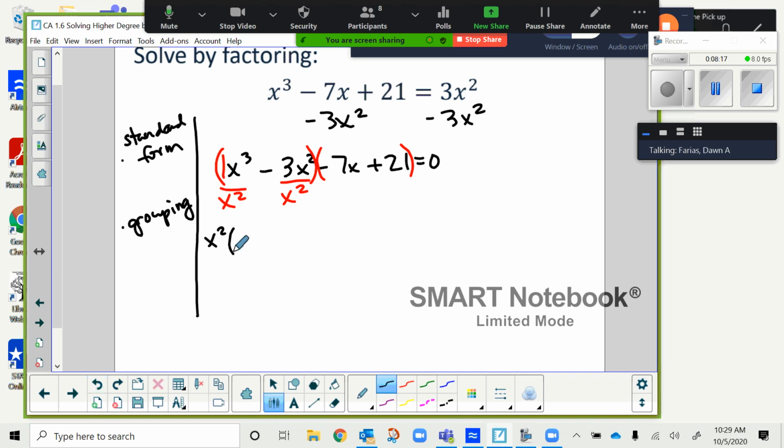And then leave the quotients inside, or the remainders when you divide it out. So in that first term, when I have x cubed, and I divide out x squared, that leaves me with just x. And then in the second term, x squared, and I divide out x squared, that means there's no x's left. So just the -3.